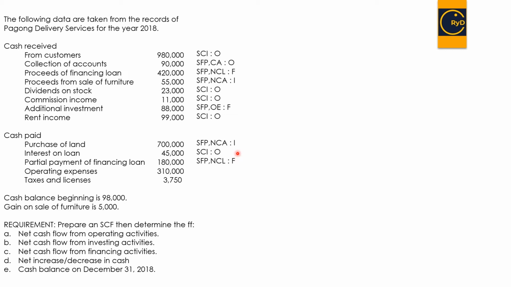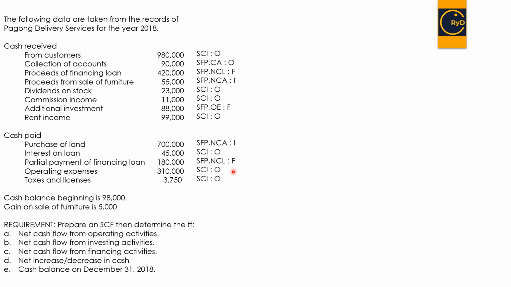Next, we have partial payment of financing loan. The loan is a non-current liability found in our SFP. This is financing. Then we have our operating expenses found in our SCI, so operating activity.